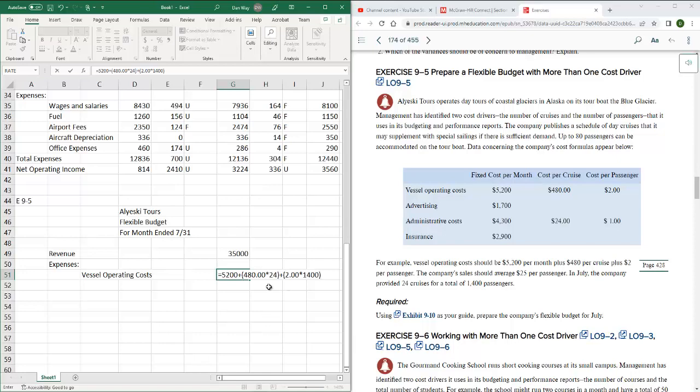So very similar to our early example of creating the flex budget, we're just now accounting for more than one cost driver.